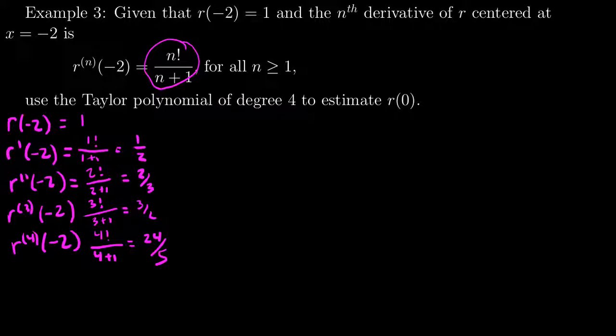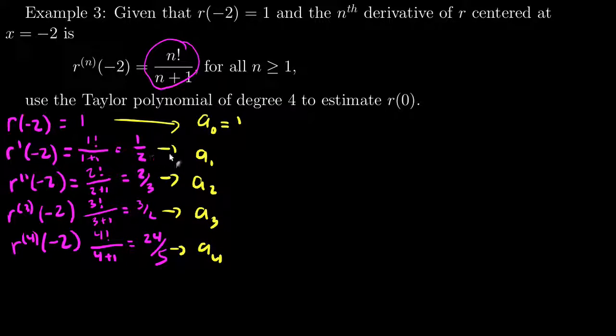Okay. Now I can jump straight to my terms. So A0, A1, A2, A3, and A4. Divide this by 0 factorial, I get 1. Divide this by 1 factorial, I get 1/2. Divide this by 2 factorial, 2 factorial being 2, I get 2/6, which reduces to 1/3.